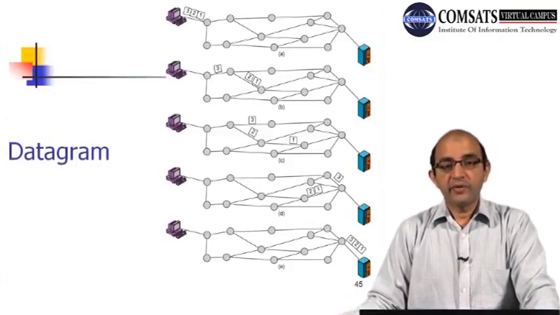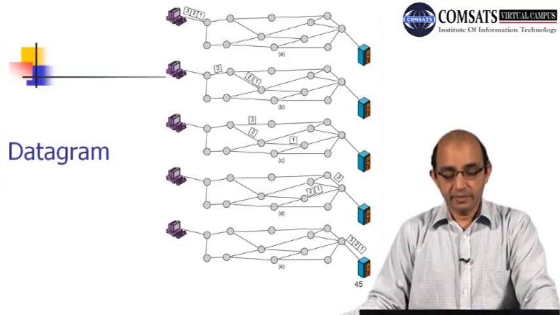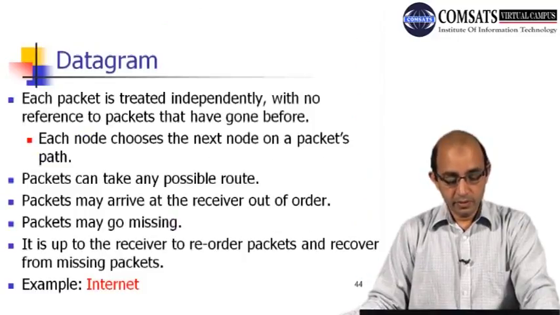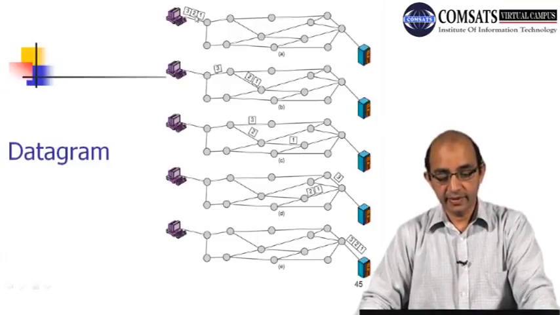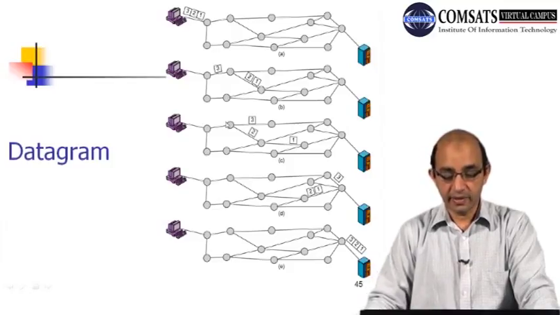Okay, so here we have the example of the datagram, right? You can see that we have 3 packets, and each packet is adopting a different path. The nodes involved in the path decide independently from the other packets, right?